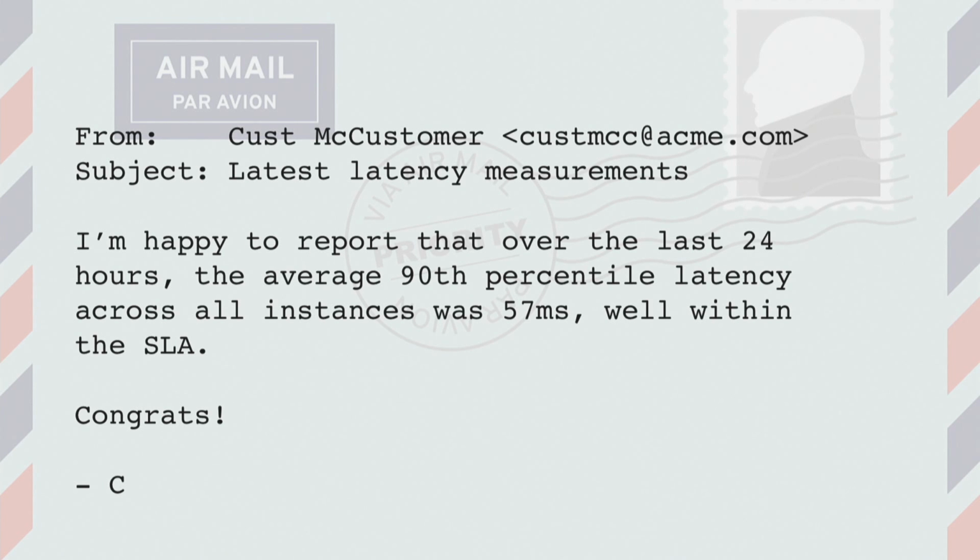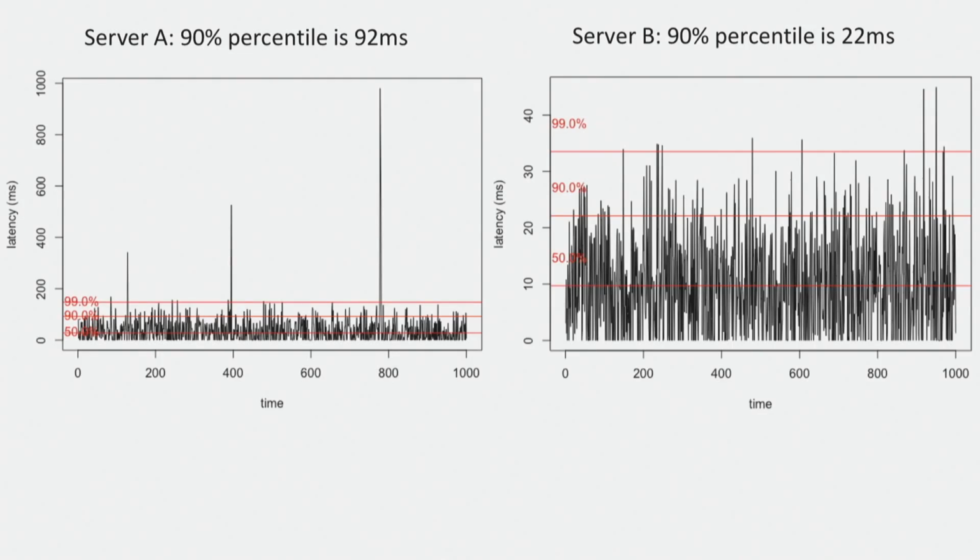You should have stopped at the beginning of the sentence when they said the average percentile, because you can't average percentiles. Suppose you have two servers. This is the distribution. The 90th percentile on the left server is 92 milliseconds. The 90th percentile on the right server is 22 milliseconds.